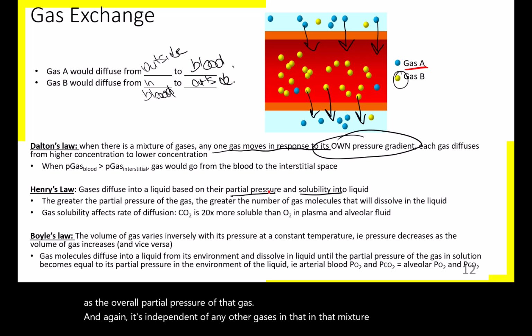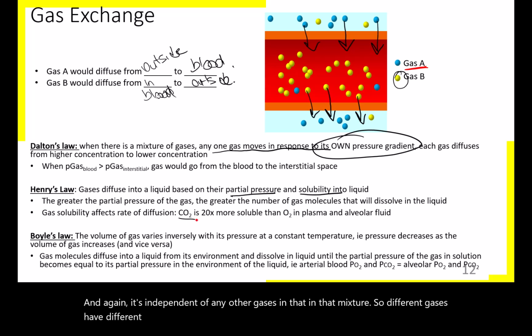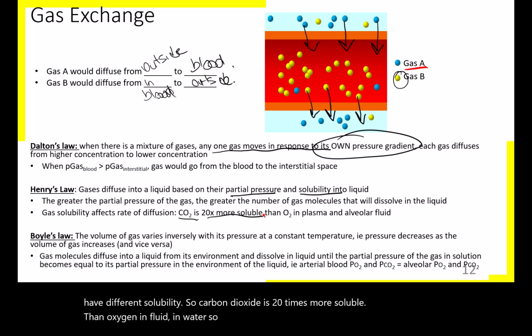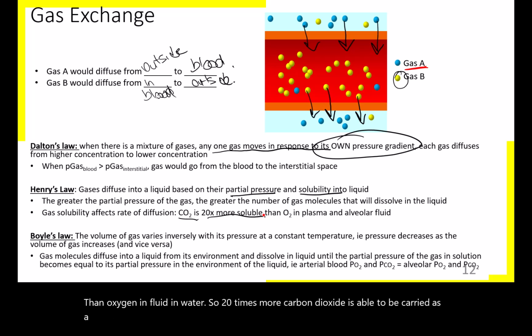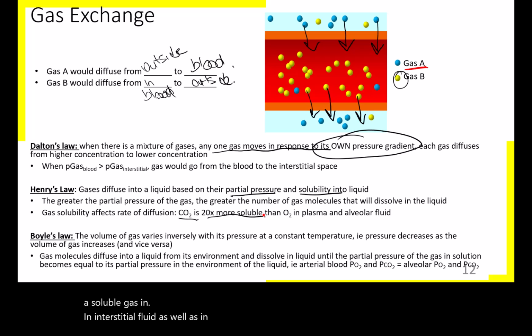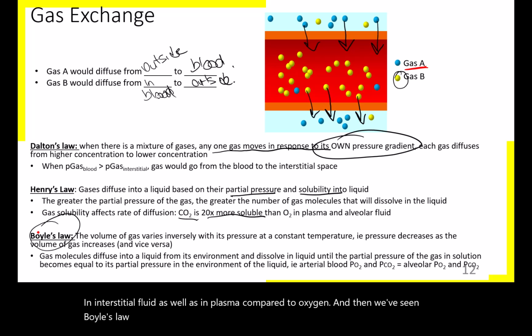Different gases have different solubility. Carbon dioxide is 20 times more soluble than oxygen in water, so 20 times more carbon dioxide can be carried as a soluble gas in interstitial fluid and plasma compared to oxygen. And then we've seen Boyle's law before, where the volume is inversely proportional to the pressure.